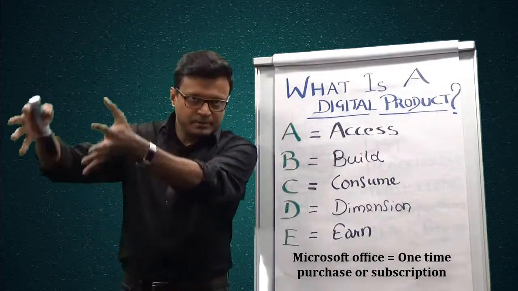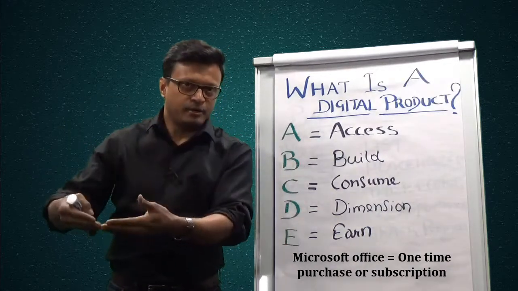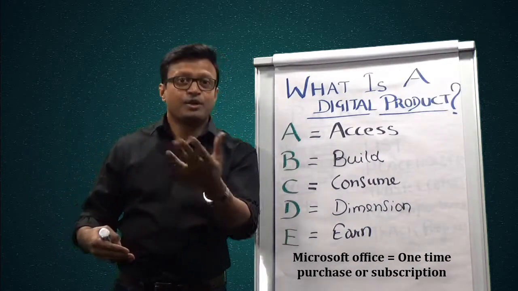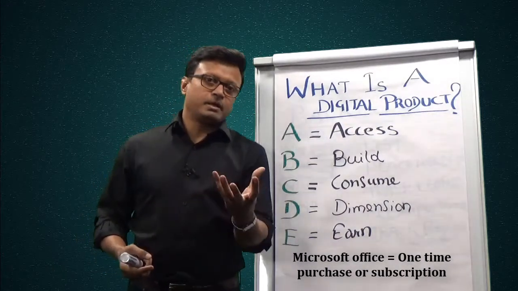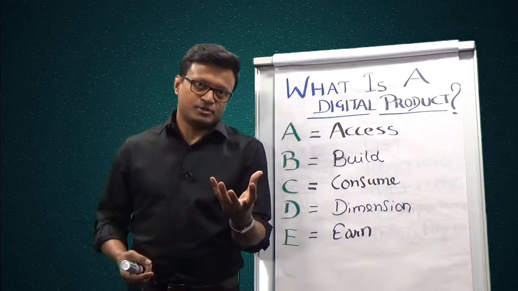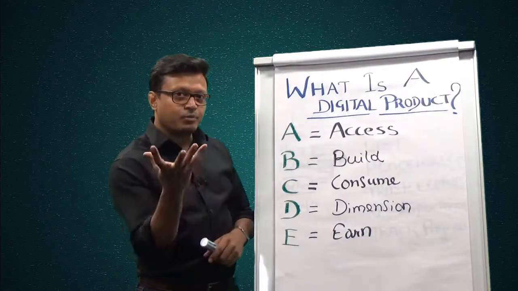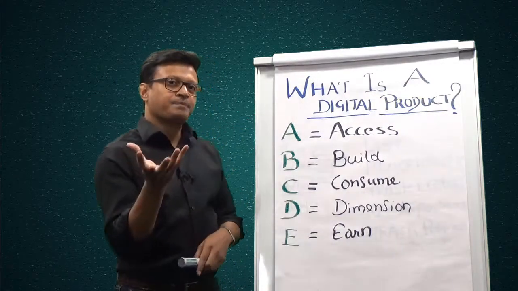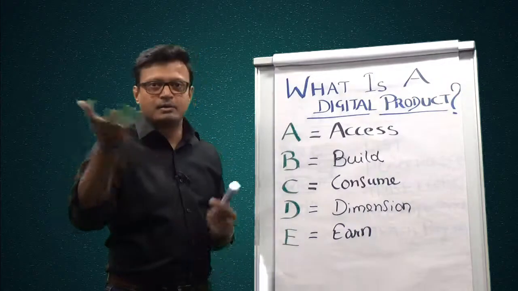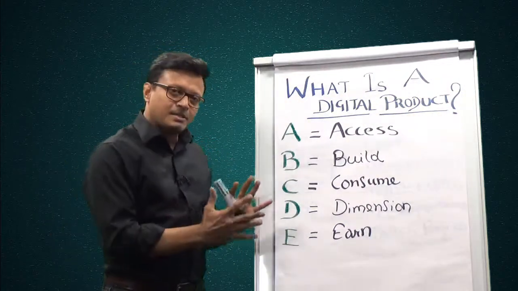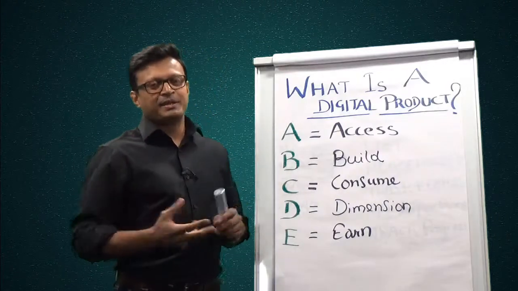Either you subscribe to the Office 365 subscription and you pay on a yearly or monthly basis, or you can purchase that software by paying once, and that software is yours. So there are a few interesting ways that you earn by creating that product once, which is your digital product, and you sell the same digital product multiple times over and over to your multi-million subscribers. And that makes it quite different to how we are used to creating and selling a physical product.